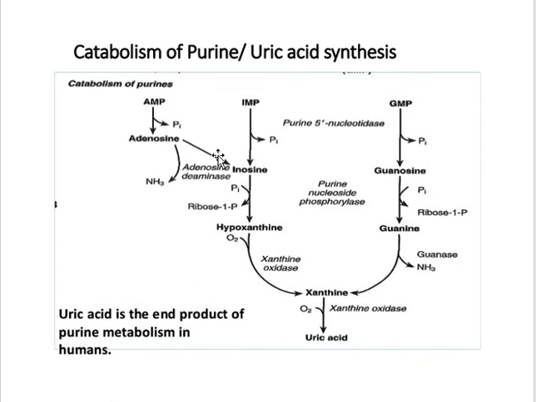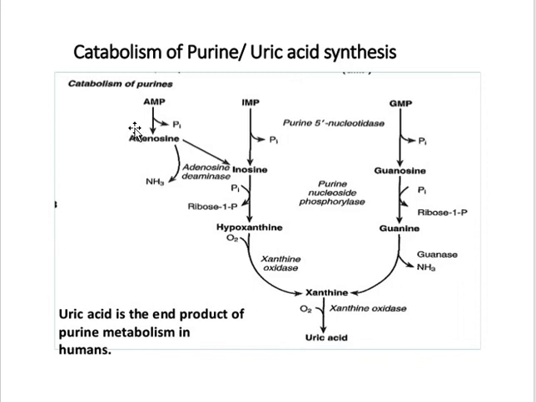This diagram shows the catabolism of purine nucleotides, that is the AMP, adenosine monophosphate, inosine monophosphate, and guanosine monophosphate.